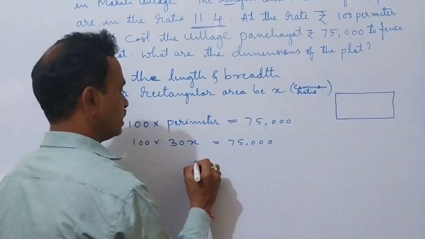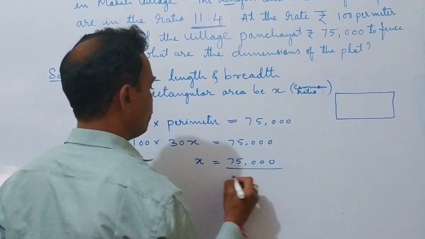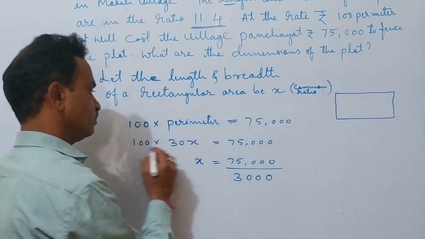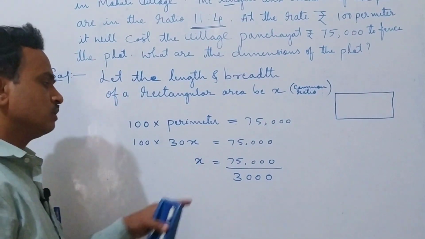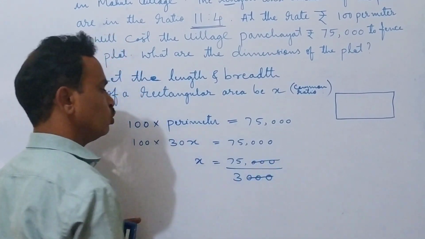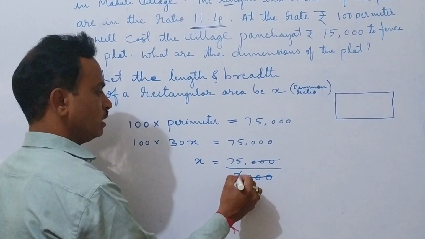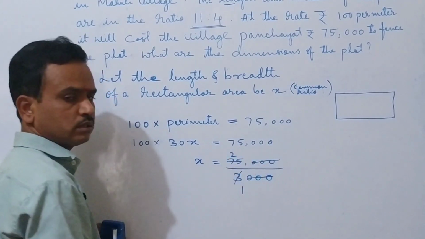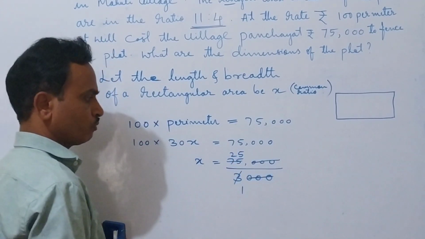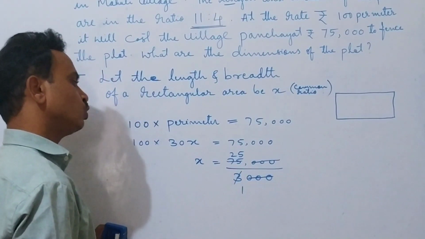So that goes to the RHS side. So x is equal to 75,000 divided by 3000. 3 zeros in the denominator and 3 zeros in the numerator get cancelled. Then 3 2s are 6, 1 remainder, 3 5s are 15. So x is equal to 25.